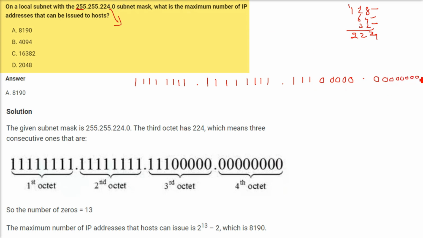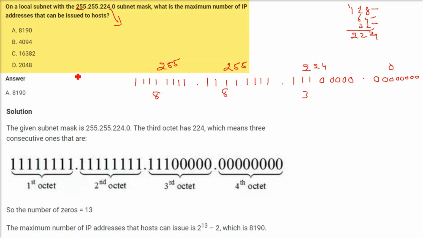Alright. Now, what do we have? 255.255.224.0. How many hosts can it be? All the ones in the subnet mask are for network. All the zeros in the subnet mask are for the host.